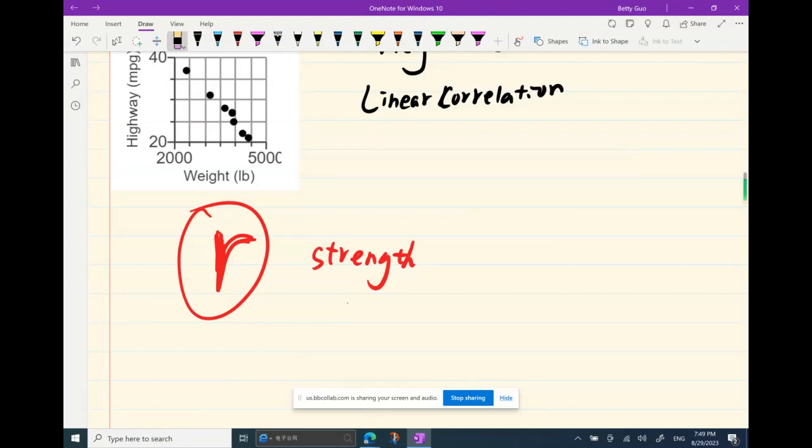Linear correlation coefficient. And the absolute value of r is less than or equal to 1. When the value is very close to 1, we say the positive linear correlation is very strong, like 0.99 or even 0.980. When r is very close to -1, let's say this is -1, this is 1, this is 0.